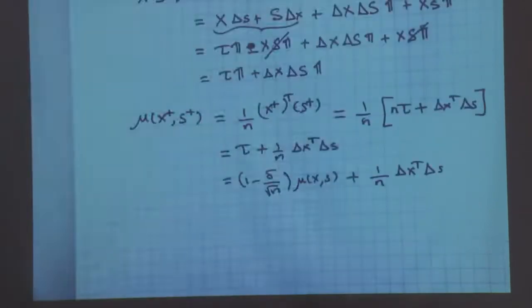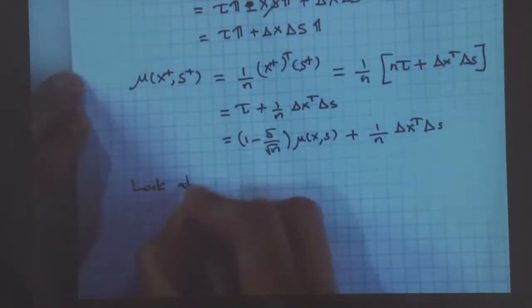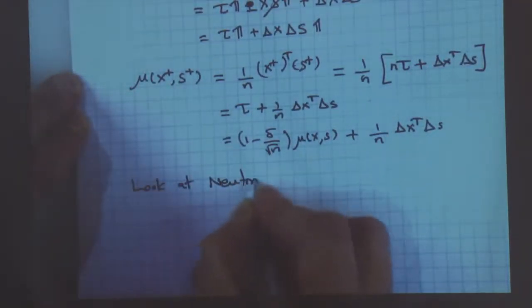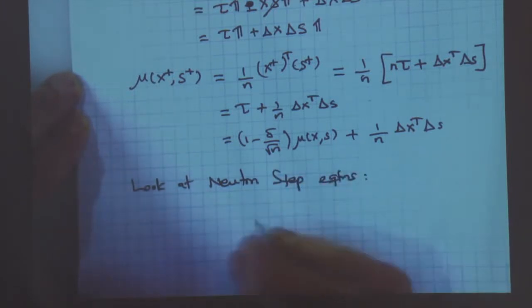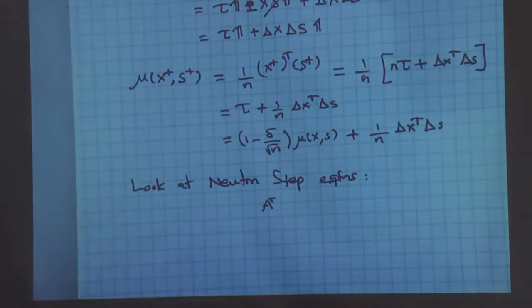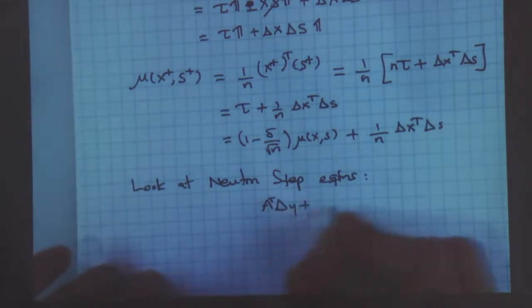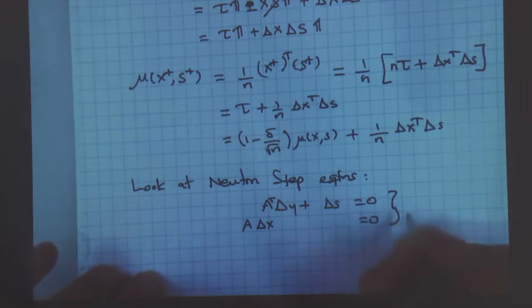If we look at the Newton step equations, we have that A transpose delta y plus delta s is equal to 0, and we also have that A delta x is equal to 0.